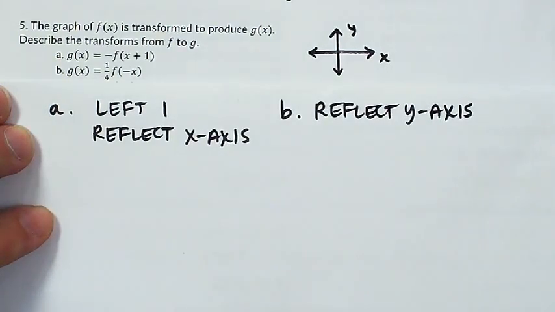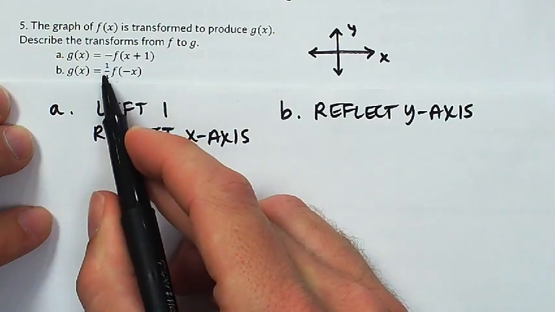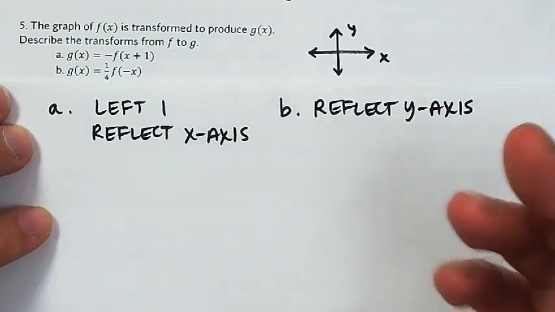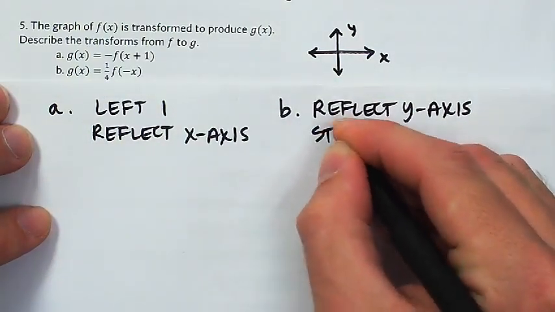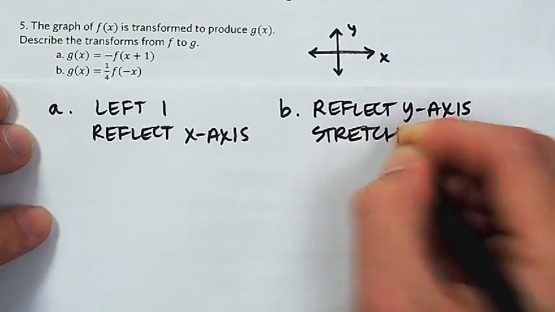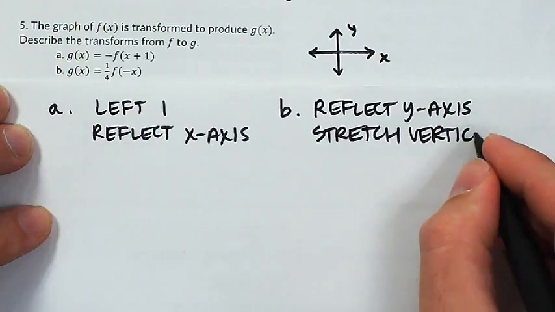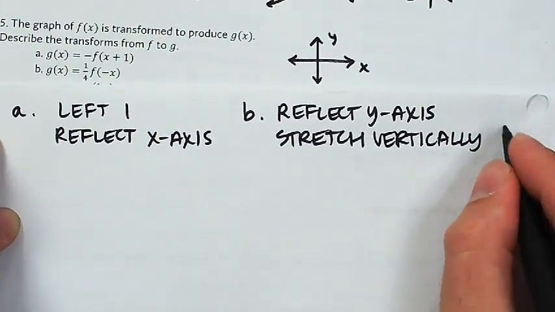And then the 1/4 on the outside, a multiplier, is a stretch. And with the vertical transforms, which is what I'm saying because it's on the outside, it works the way we expect. So it's going to be a stretch by a factor of 1/4, or a compression by a factor of 1/4, however you want to call it. But we do need to say it's a vertical stretch. So we're going to stretch vertically by a factor of 1/4.